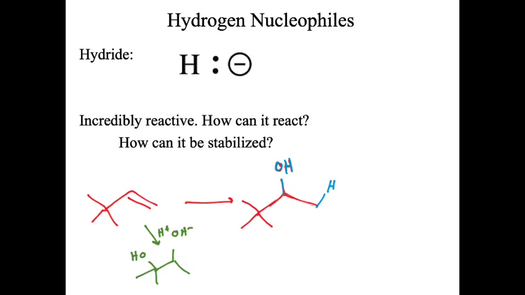Okay? That's review. How do we get that to happen without the rearrangement? We would need HgOAc2 and H2O, which is close because that gets us OH and HgOAc out here. How do we get rid of the mercury?